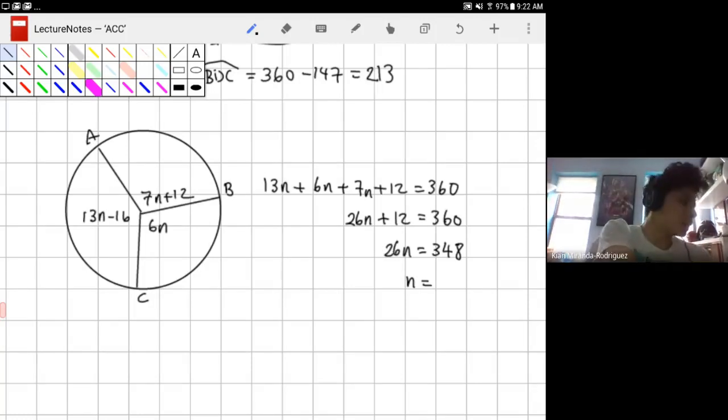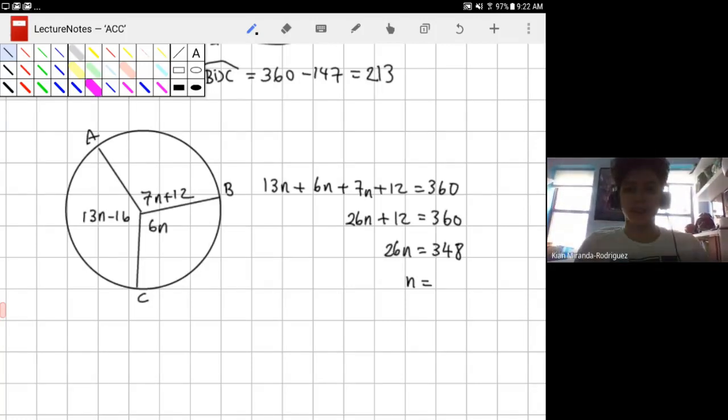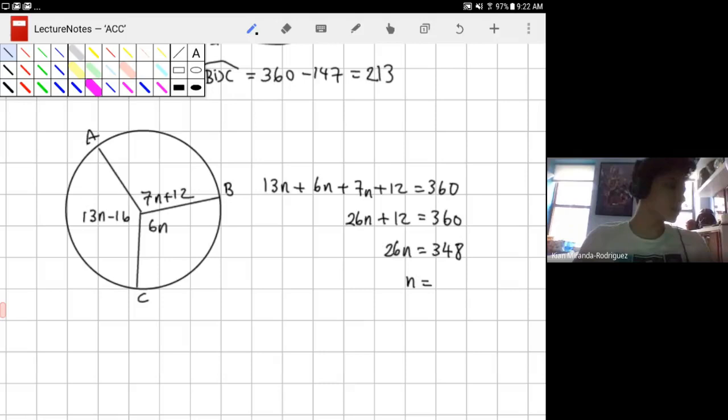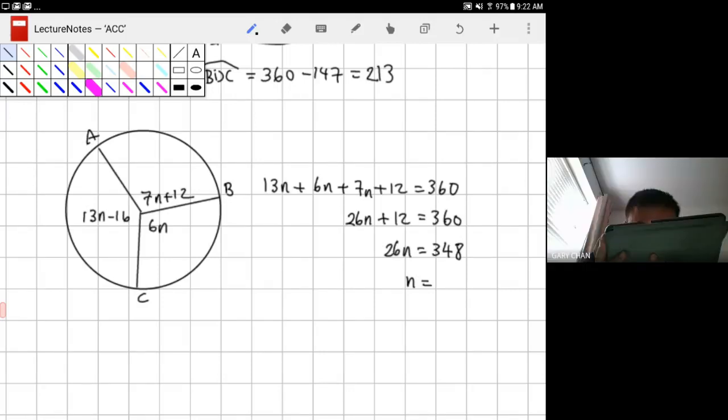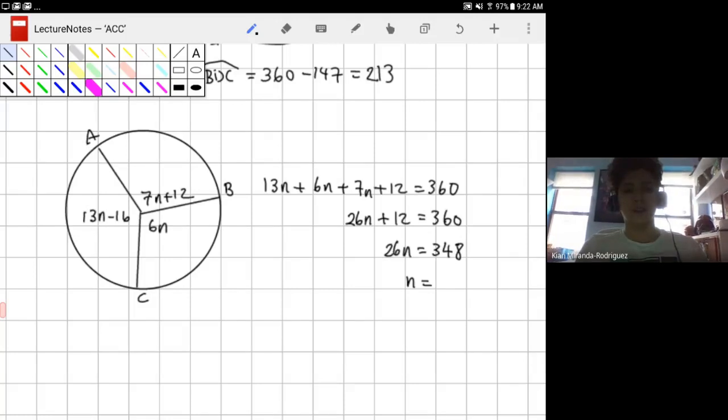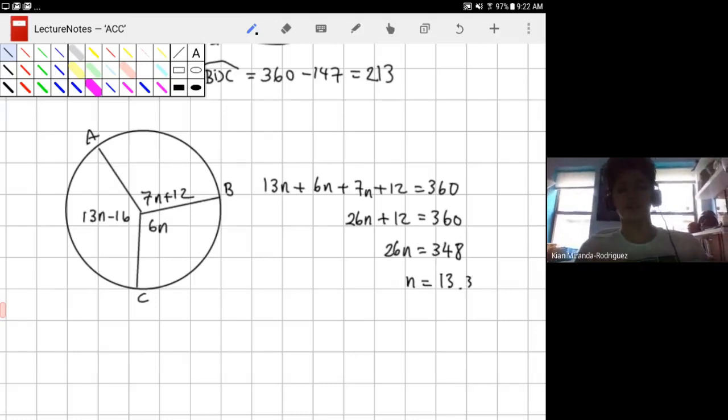You said 348. Yeah, divide by 26. Yeah, that's 13.3846153846. But if we're going to round it to the nearest hundredth, then it's going to be 13.38.